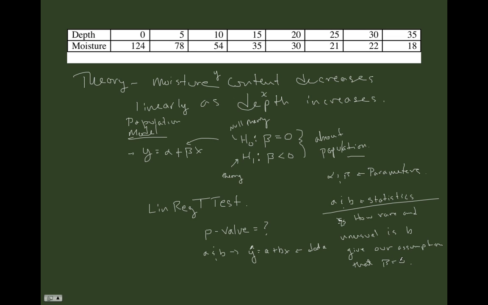When we do a hypothesis test, we're assuming the null is true. The slope of the true line is 0, so we should get a b value close to 0. If we get a b value that's smaller than 0 by a long shot, that means that b value is rare and unusual, and we should reject the null. That's what the p-value is going to tell me.